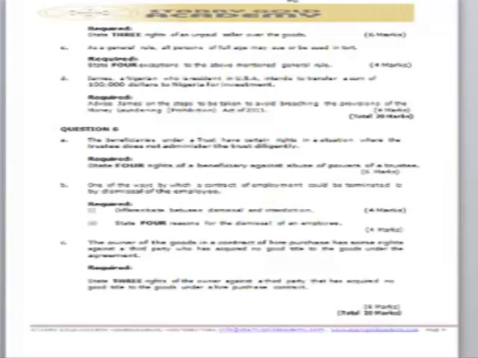Look at the next aspect. They say James, a Nigerian who is resident in the US, intends to transfer a sum of $100,000 to Nigeria for investment. Advise James on the steps to be taken to avoid breaching the provisions of the Money Laundering Prohibition Act of 2011.